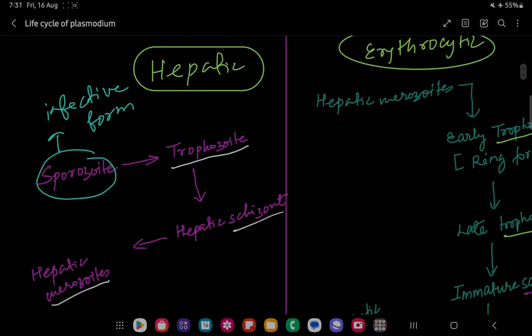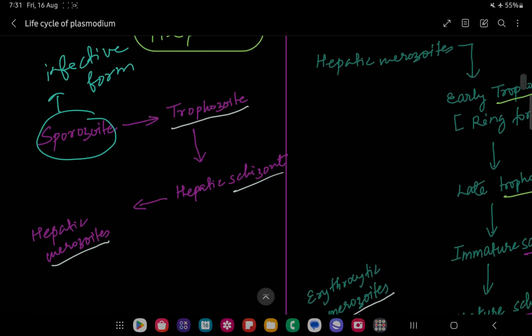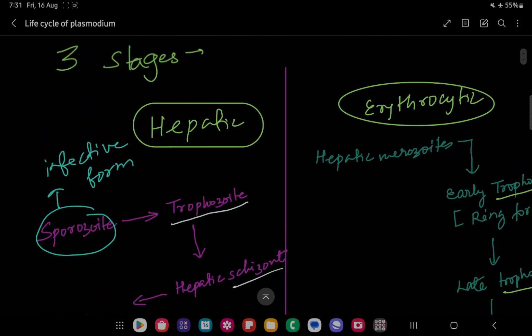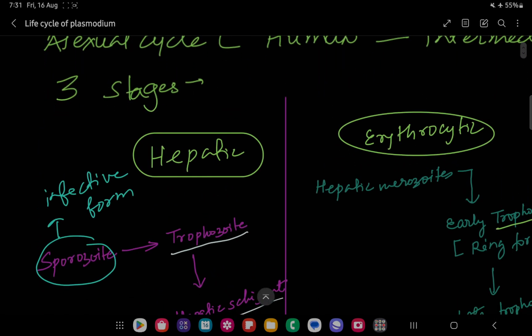This sporozoite enters the liver, where it transforms into the trophozoite stage, and that trophozoite is converted to the schizont. You can call it the hepatic schizont, and this hepatic schizont gets converted to hepatic merozoites. This is the basic which will help you understand the asexual cycle.